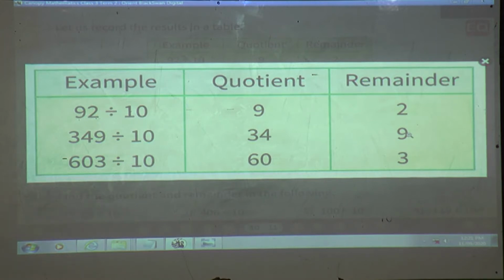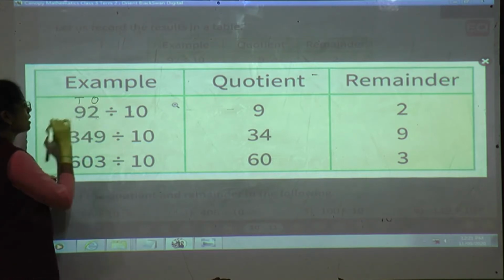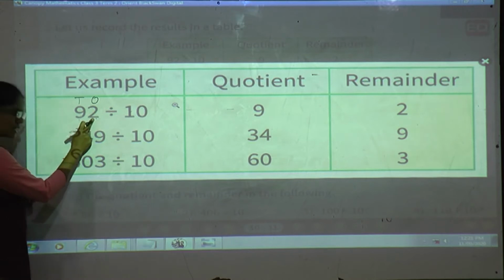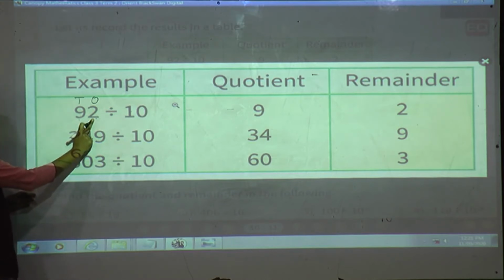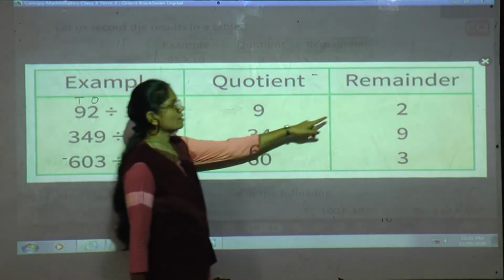What do you notice then? Try to understand. If we divide by 10, then the digit in the ones place of the number is the remainder. See here in 92, at ones place 2 is there, so that is the remainder.